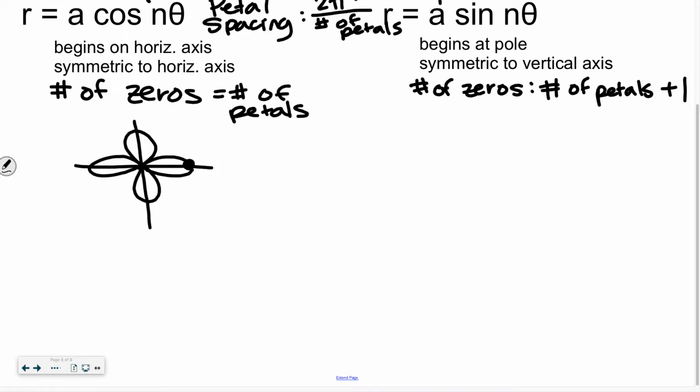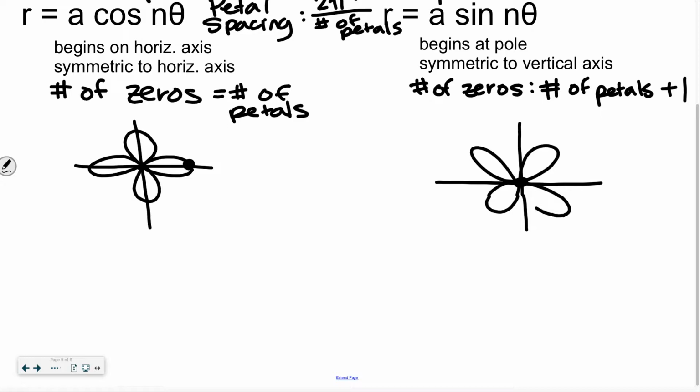The cosine had 1 zero, but the sine had 1 more because it starts and stops in the pole. And if you want to see that one, I can draw a rose curve that has 4 petals. I would start at the pole. So there's 1, 2, 3, 4, 5. So I do have 5 zeros.